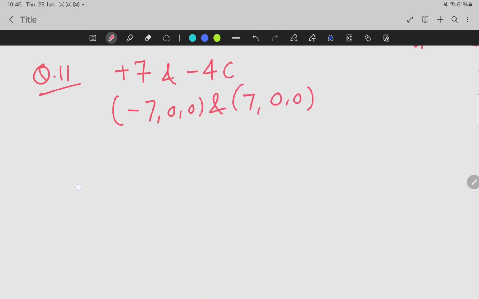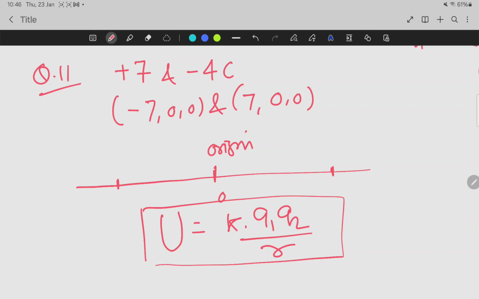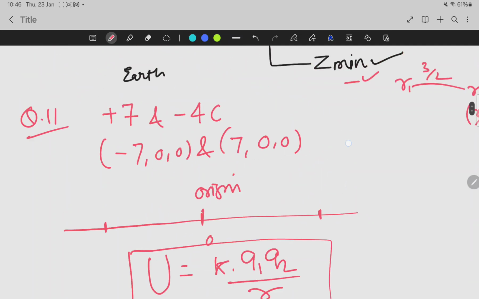So we can say they are kept, let's say this is the origin, on either side. We have to calculate the potential energy. Now the formula is K Q1 Q2 upon R. With the help of this formula, we can calculate the potential energy.